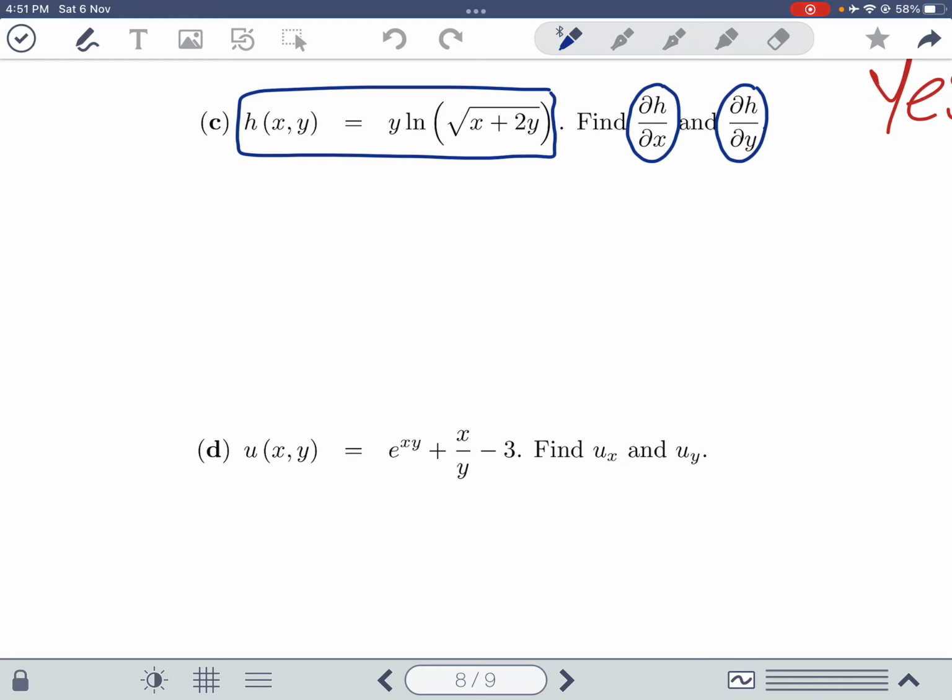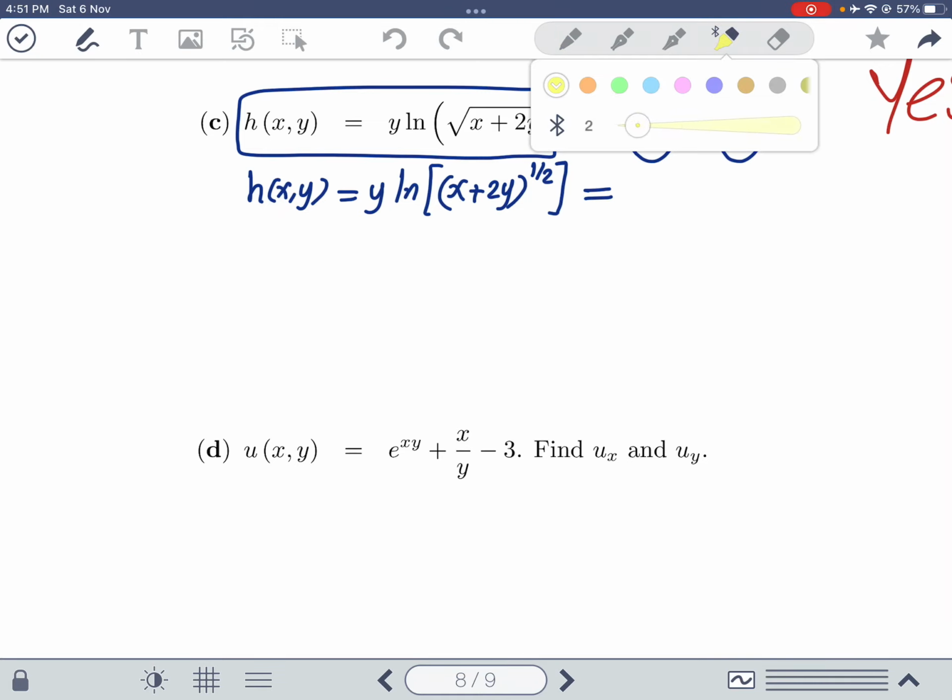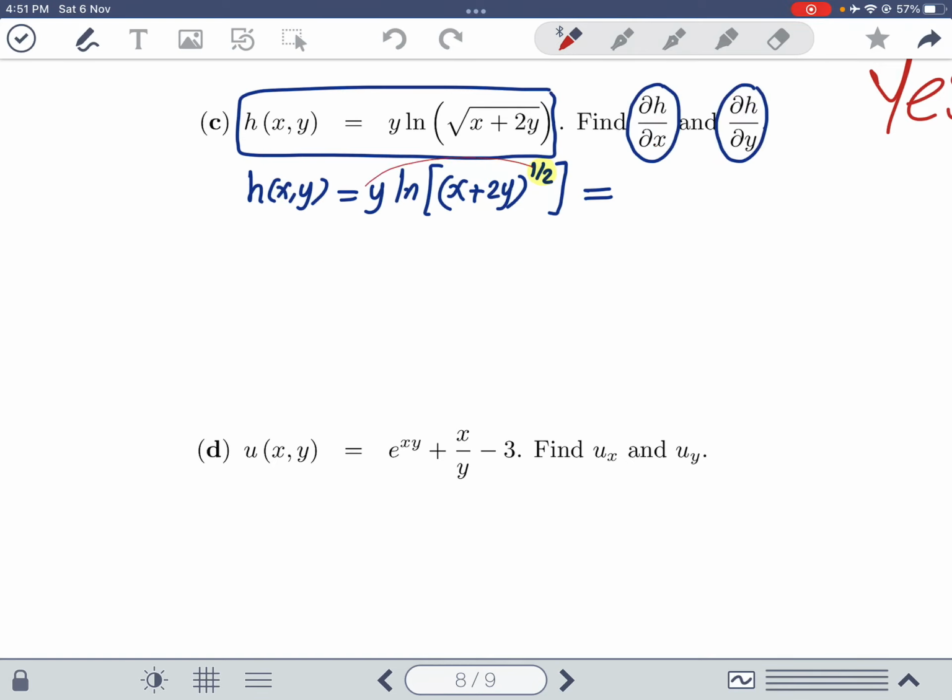So you can say that this h of xy is equal to y ln, and then inside the ln I have x plus 2y under the square root, so it means power half. And so this power half, because of properties of logarithm, comes down here.